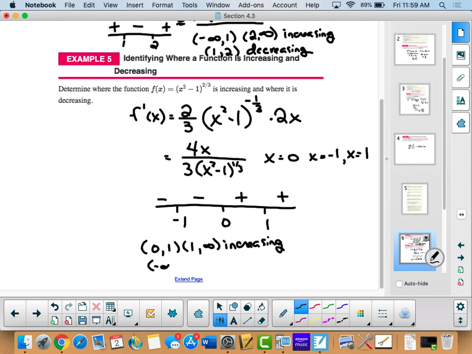Decreasing between -infinity and -1, and then -1 and 0. And again, if we were asked to justify this, the sign chart is not enough of a justification. We would have to add that the derivative is negative in those intervals for the decreasing, and positive in the intervals for the increasing.